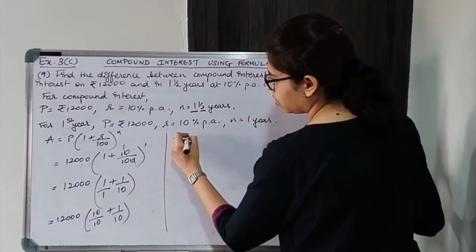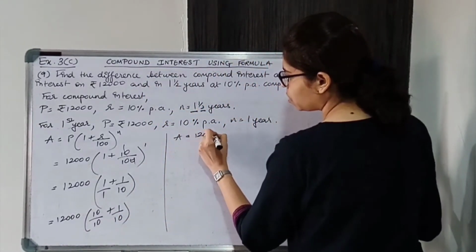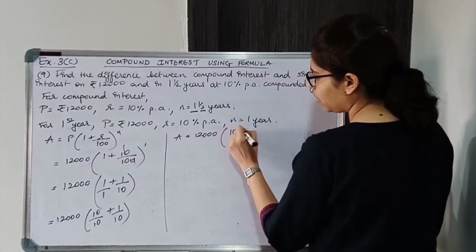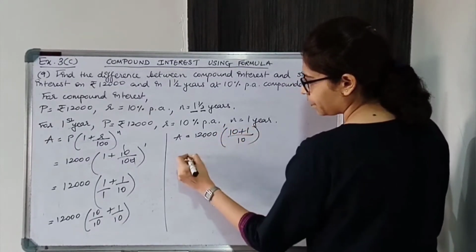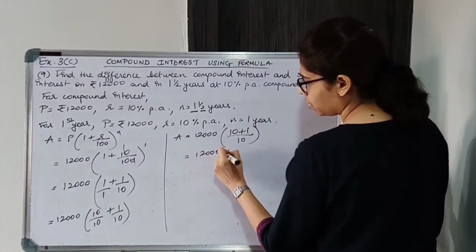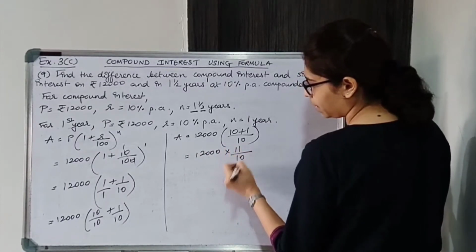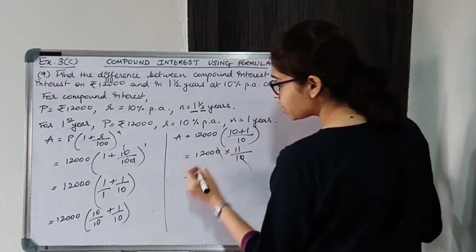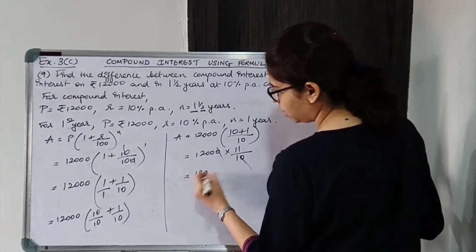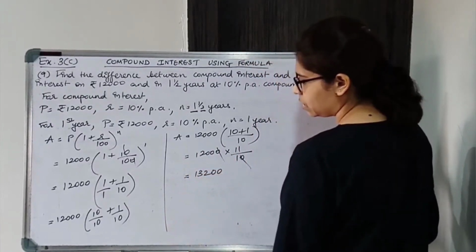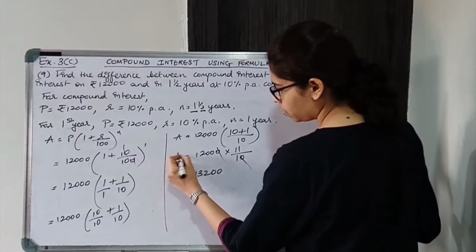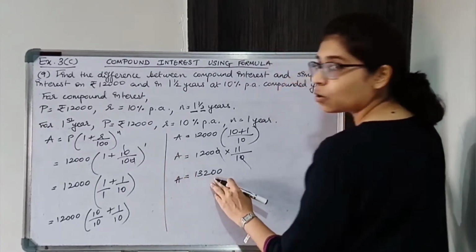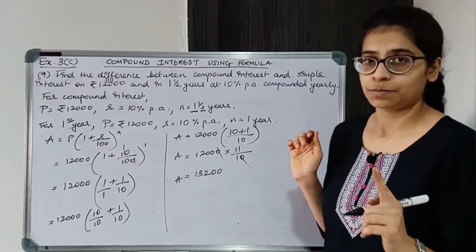So amount is equal to 12,000 into 10 plus 1 upon 10. So that gives 12,000 into 11 upon 10. The zeros will get cancelled. 12 11s are 132, and two zeros. So this is the amount in the first year.